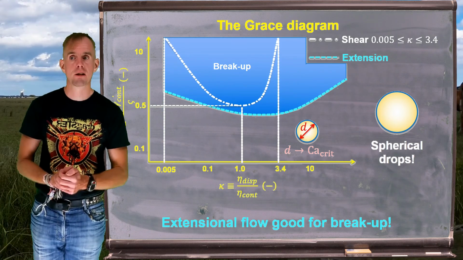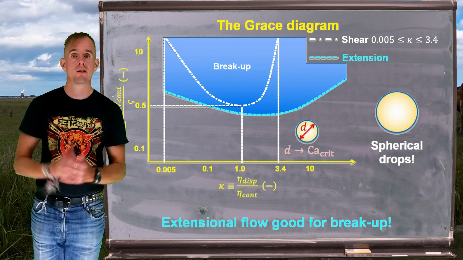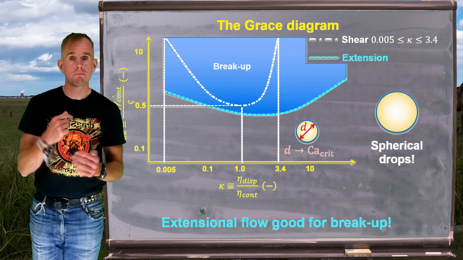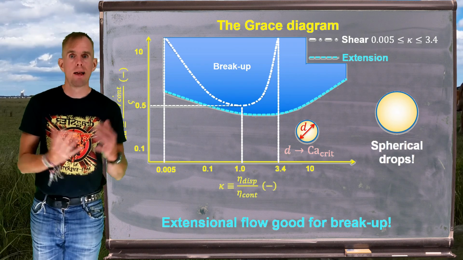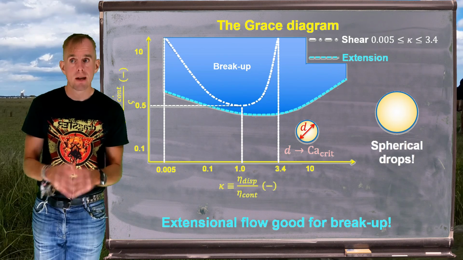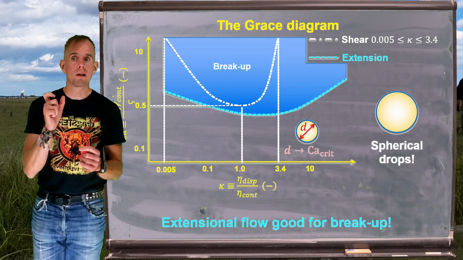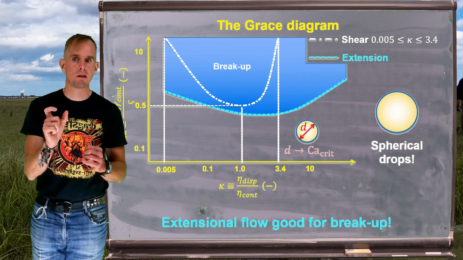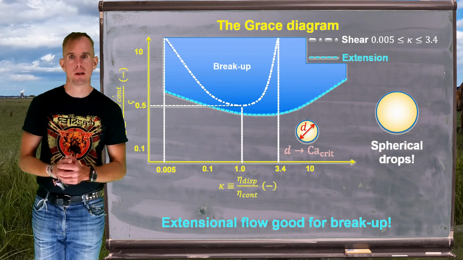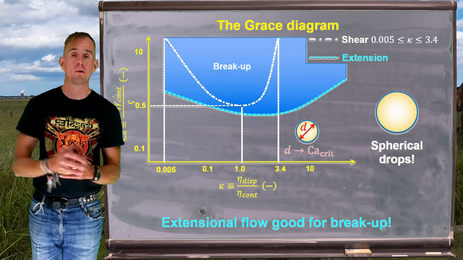We recognise that the capillary number is written as R eta gamma dot over sigma. So for a particular gamma dot, given by a deformation field, for a particular system that sets the interfacial tension, and for a certain continuous phase viscosity, we can calculate what the critical diameter of the droplet would be that would remain unbroken, that would fall below a capillary number of, in this case, 0.5.